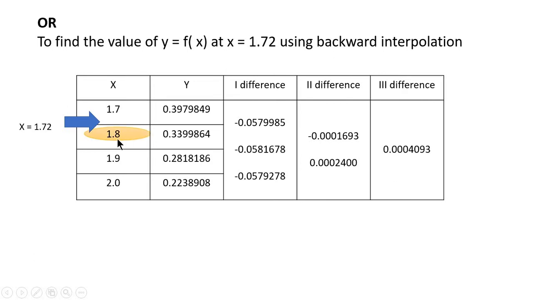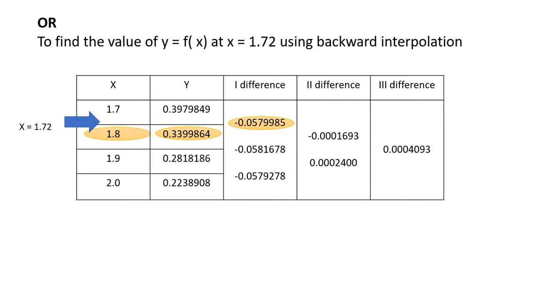I will take this as xn. So this will be yn. This will be del yn. And there is no value above this, so there is no del square yn. So using only these values, I can get the answer instantly without wasting much of my time.